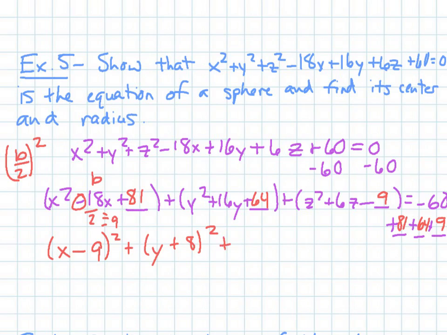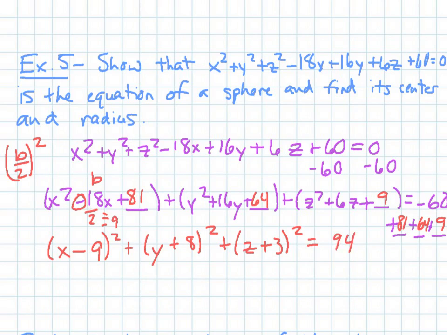And then z, half of 6 was 3, so plus 3 squared, so it's a plus 9 there. And that equals negative 60 plus 81 plus 64 plus 9, which should give us 94.